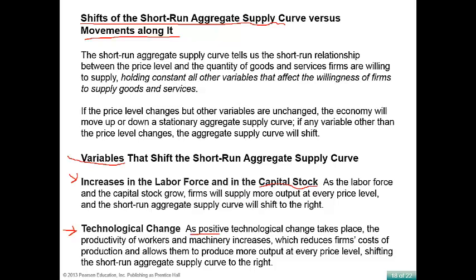So if a positive technological change takes place, it will increase the productivity of workers, thus shifting the aggregate supply curve to the right, which means they will produce more goods and services at every price level point.